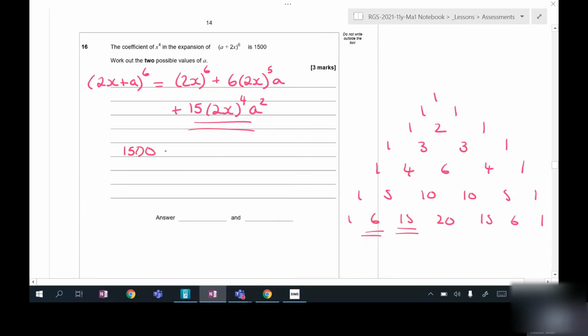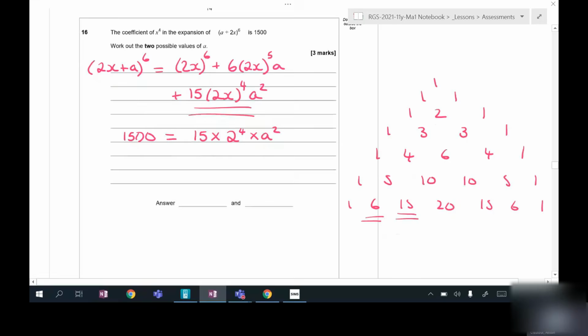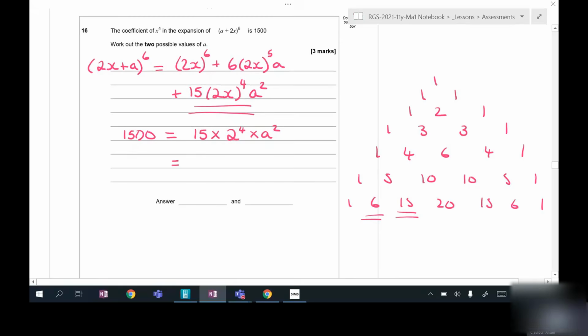We know it's going to come to 1500. So you've got 15 times 2 to the 4 times a squared. So if we rearrange that, it gives me a squared.